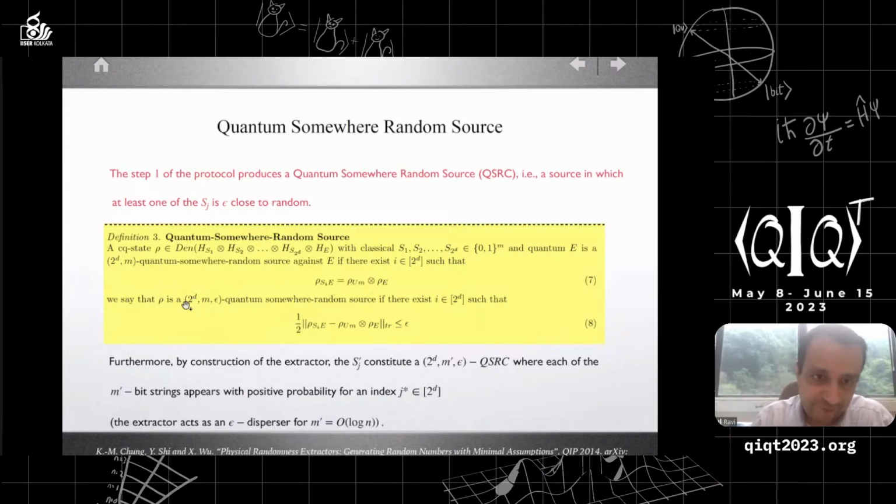We'll also say that it's a 2^D, M, epsilon quantum somewhere random source if there exists an I such that this is not fully uniform but is epsilon away from uniform.